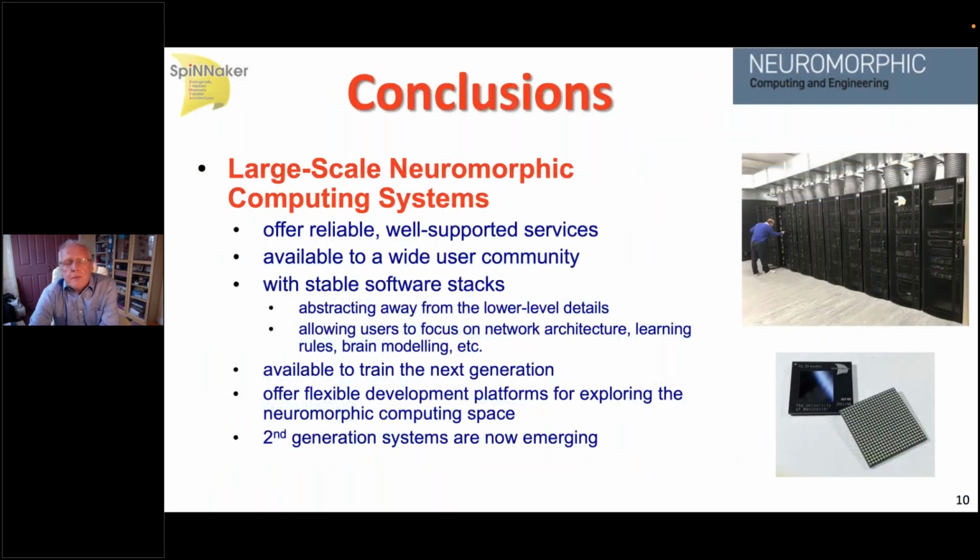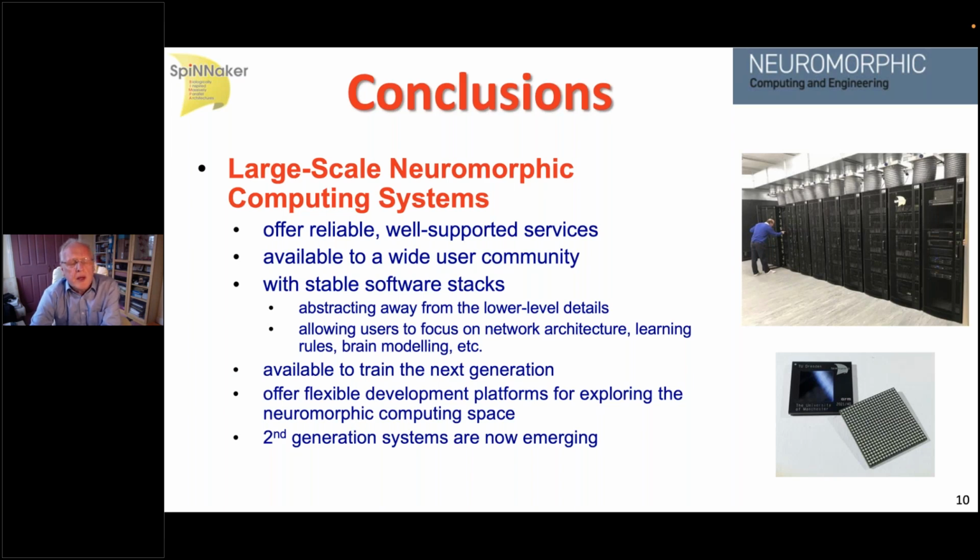So to conclude what I want to say about large-scale neuromorphic computing systems, there's more said in the report when it comes out, but they're in a position where we can offer reliable, well-supported services to a wide user community. They're openly available to anybody who wants to use them around the world.